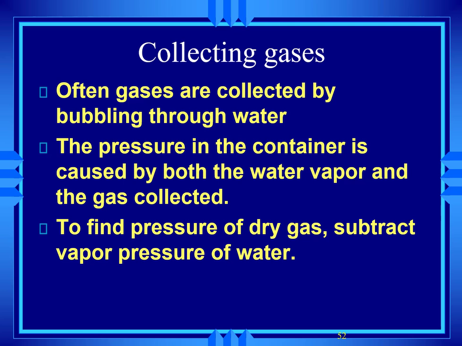Because gas plus water vapor equals total pressure, so if I subtract the water vapor from the total pressure, it tells me what the pressure of the gas actually is.